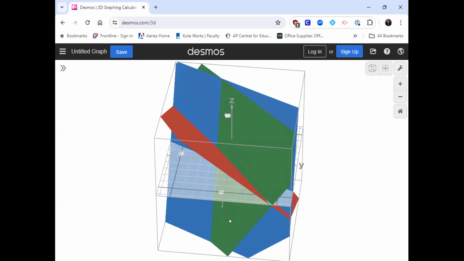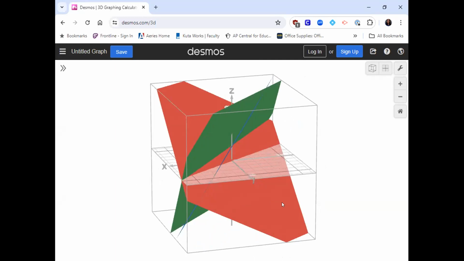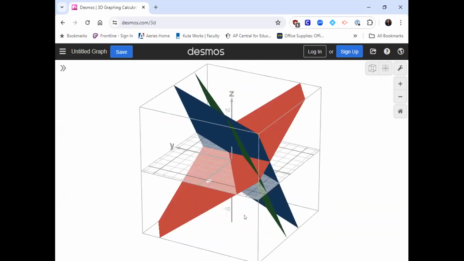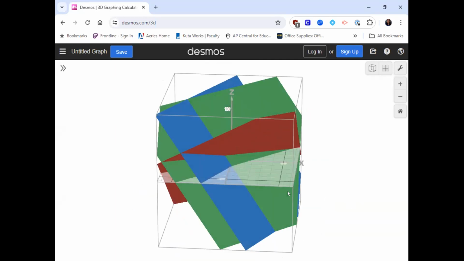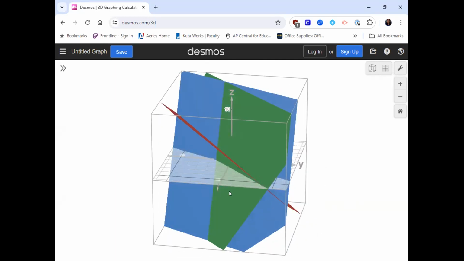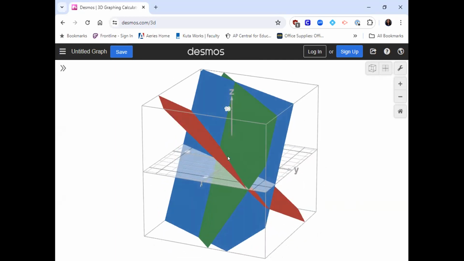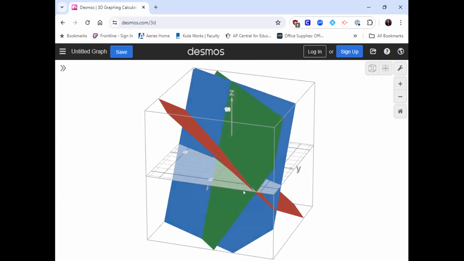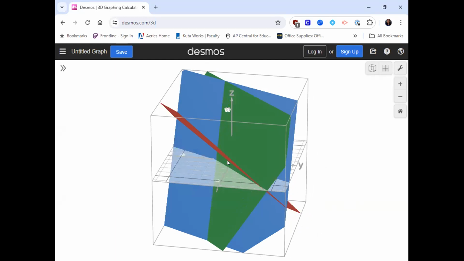So it's saying you go back 1, back 3, and then up 2. Does it look like it might be possible? Back 1, back 3, up 2.